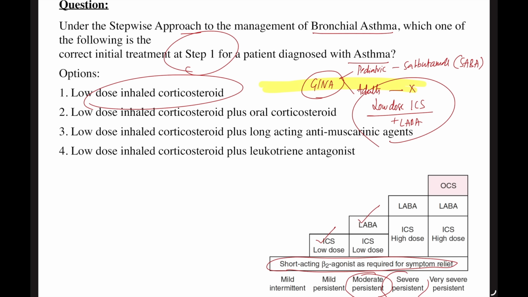If severely persistent, increase the dosage of inhaled corticosteroid to high dose. If very persistent disease, also add oral corticosteroids. Right? So this is stepwise therapy, very important. Even in UPSC Civil Services examination for theory exam answer writing, they have asked this question for 10 marks recently. So step 1 is low dose inhaled corticosteroid. We don't give salbutamol.